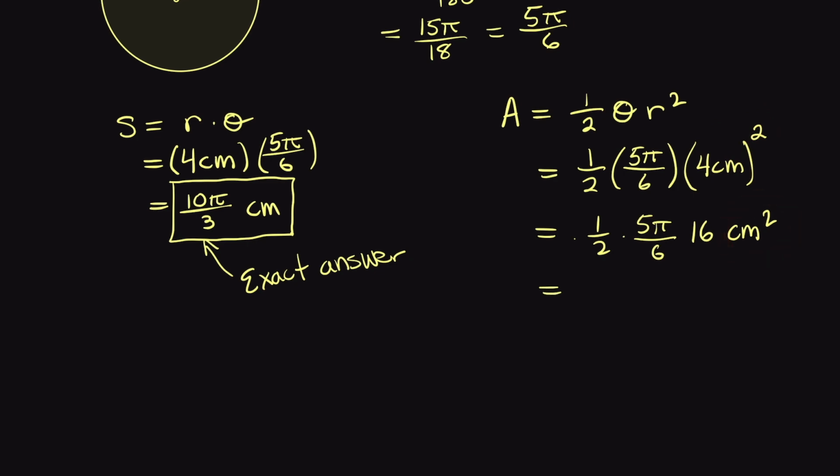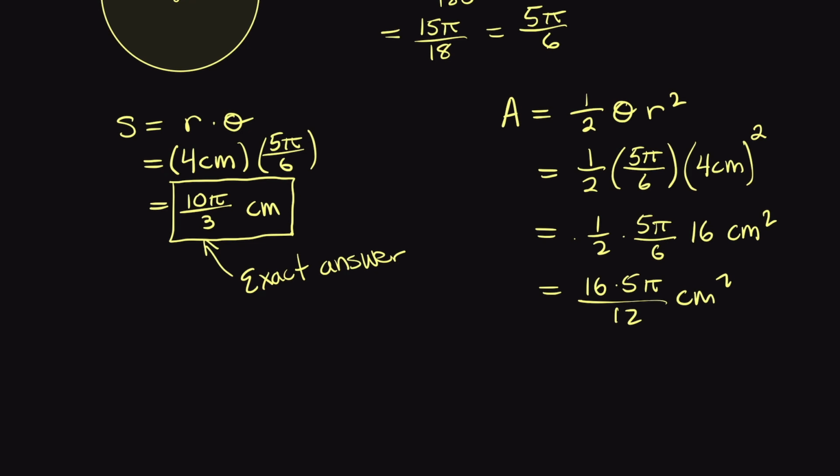Now I can start combining and simplifying. So what do I have here? This is 16 times 5 over 12. So we'll have 16 times 5 pi over 12, and we need to start simplifying that. And so what can we do here?